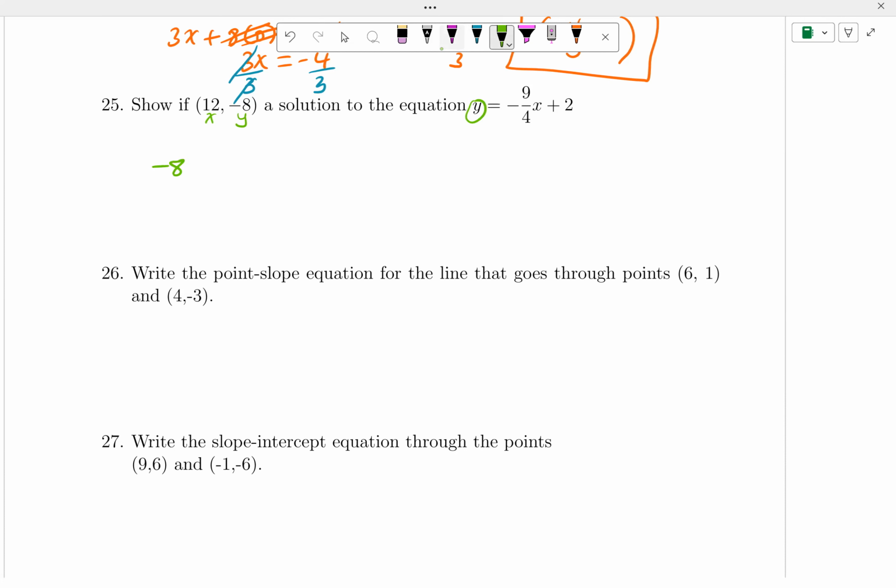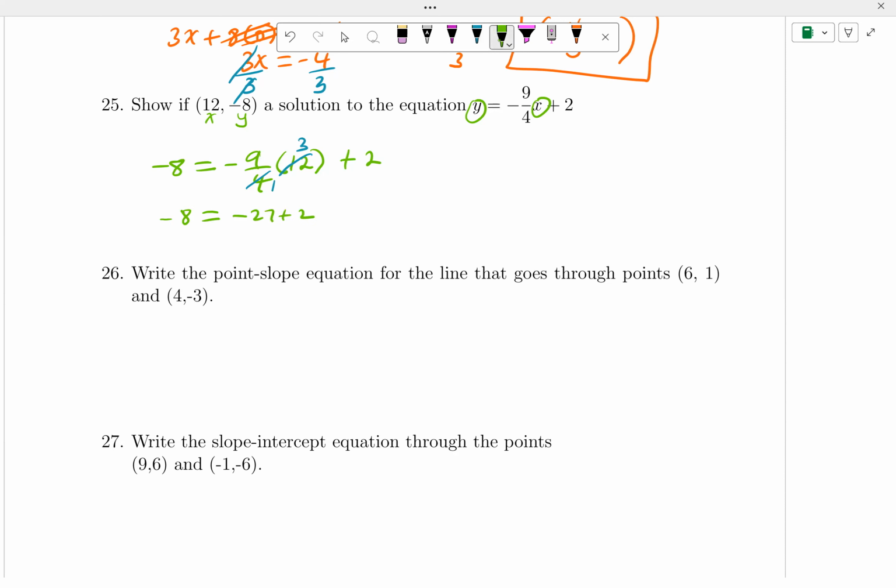So -8 equals -9/4 times x. We're plugging in the x right there, and our x value is a 12, plus 2. Then we're going to check to see if the left side is going to equal the right. So you're welcome to use your calculator here if you want. I mean, I'm not gonna. So 4 goes into 12 3 times. We have -27 plus 2.